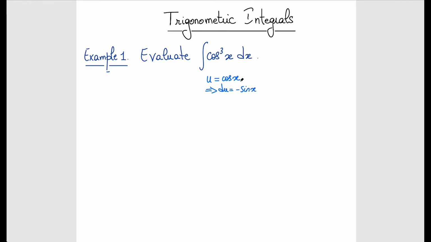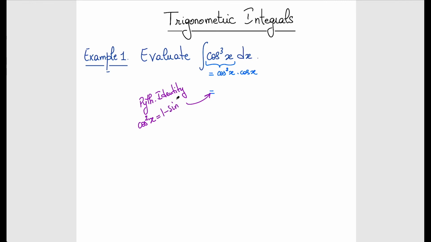So I can rewrite this as cosine squared x times cosine x, and cosine squared x, by the Pythagorean identity, we can rewrite as 1 minus sine squared x.